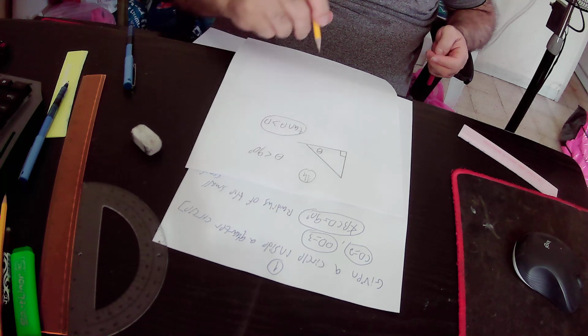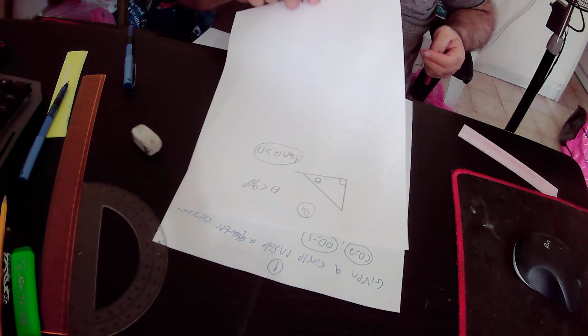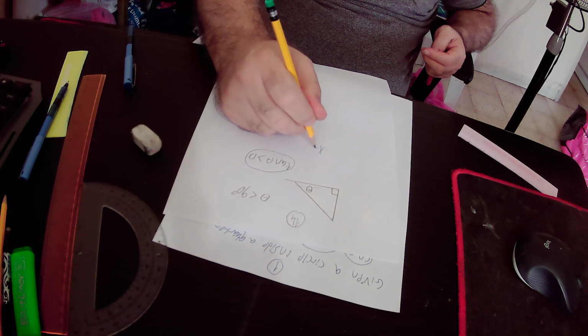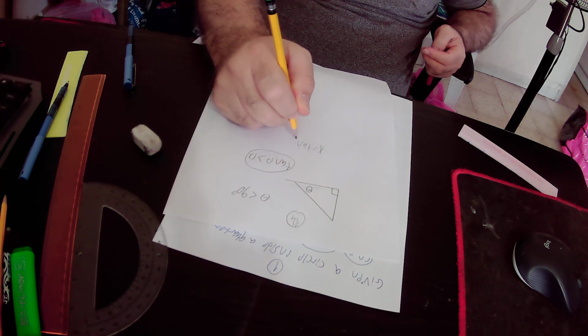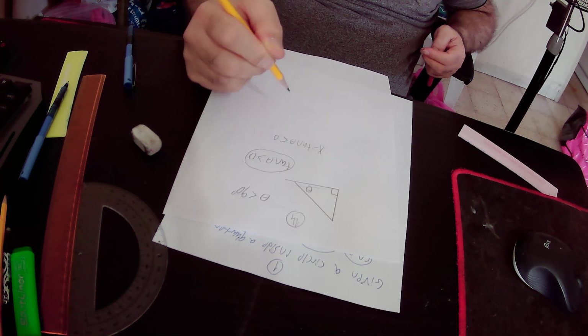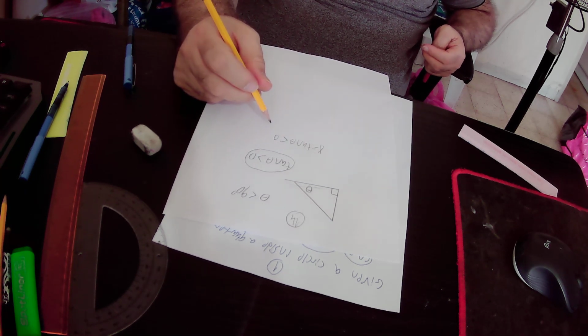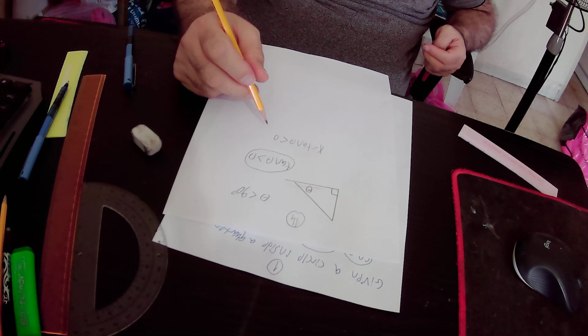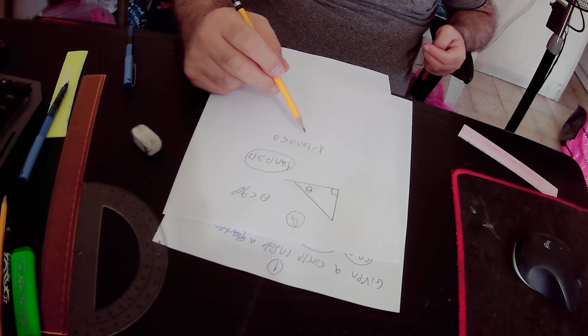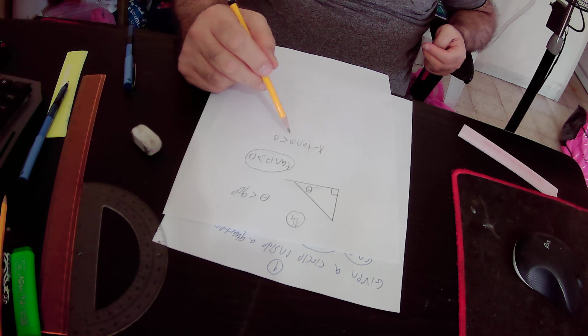So the answer that we got is that x, which equals tangent theta, is a negative number, is less than 0. So it is impossible because theta must be a positive number, and we got that theta is a negative number.